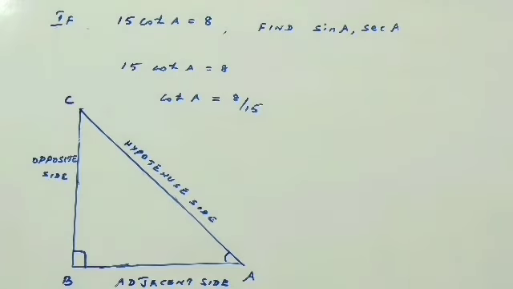Now for tan theta, opposite side by adjacent side, cot is the reciprocal of tan theta. So for cot, we can remember reciprocal of tan, that is adjacent side by opposite side.